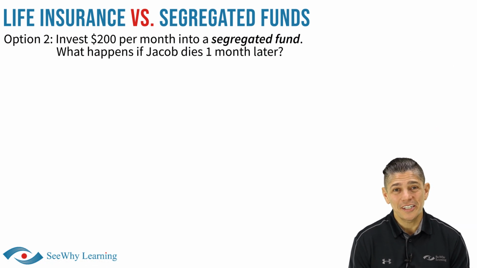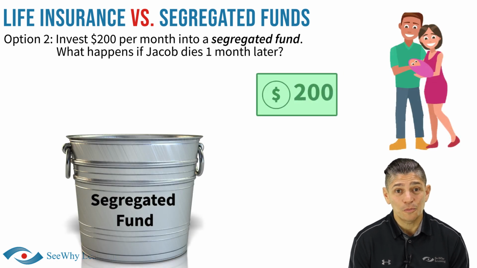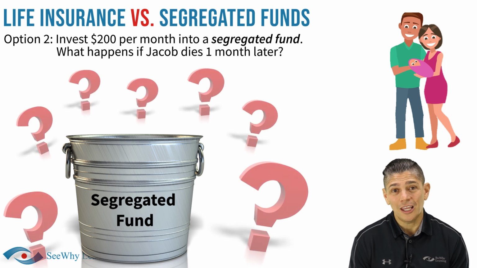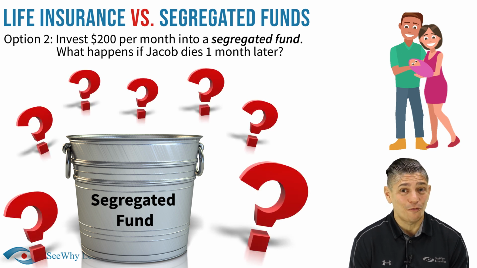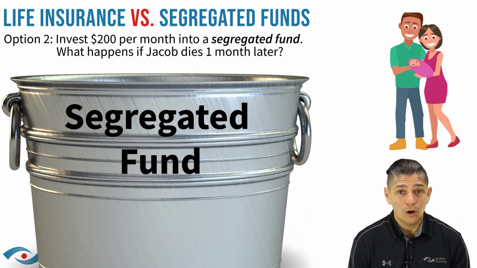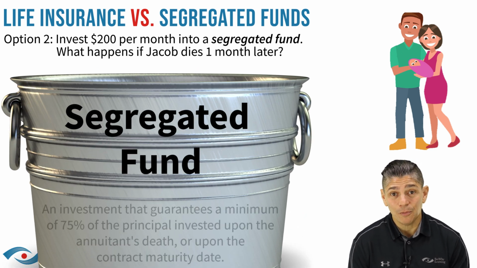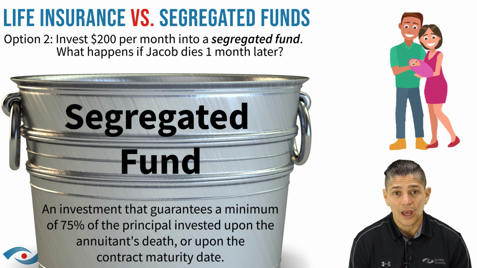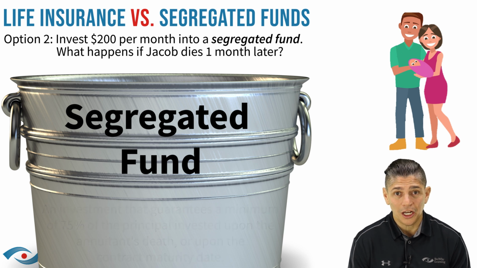Now let's assume that instead of buying a life insurance policy, Jacob invested $200 per month into a segregated fund. Now I can appreciate that you may not yet know what a segregated fund is, since we'll cover that in the next video. For now, just take note it's an investment that guarantees a minimum of 75% of the principal invested upon the annuitant's death or upon the contract maturity date.